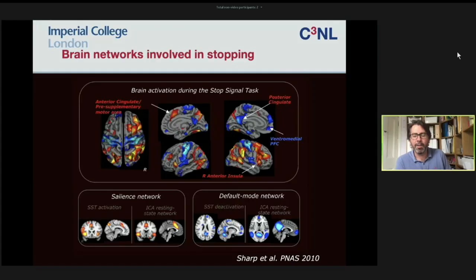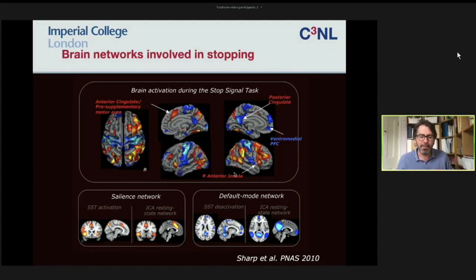So we know a lot about the activity of the brain during performance of this particular task. So this is the network of brain regions seen during stop signal task performance. It's been studied in a large number of investigations. And what you can see in red are some of the areas activated during successful stopping.